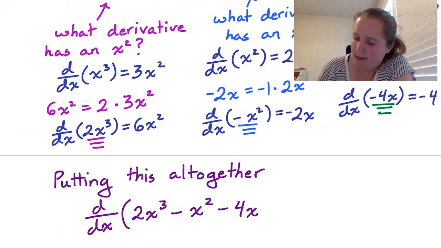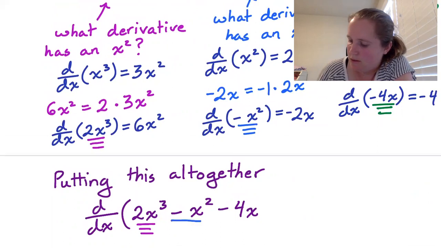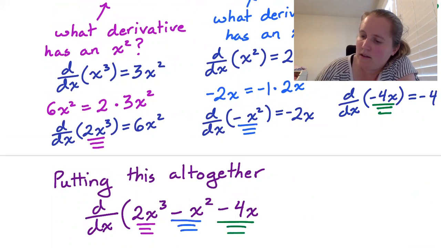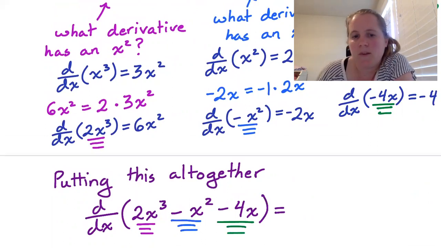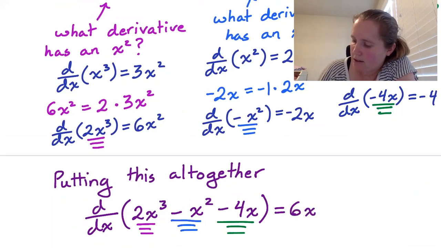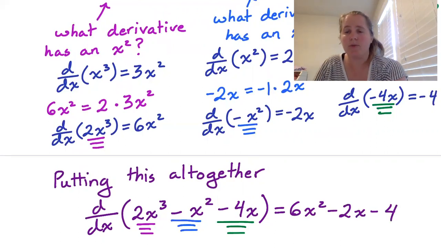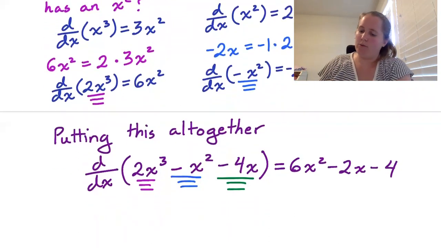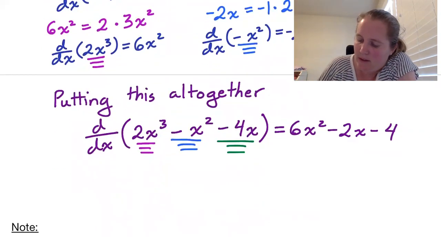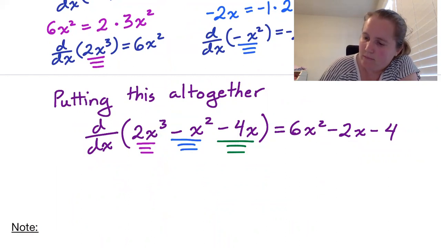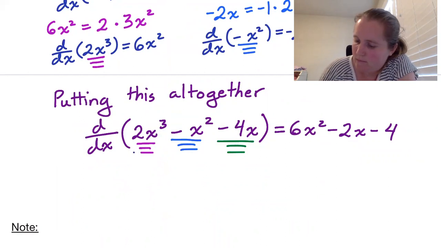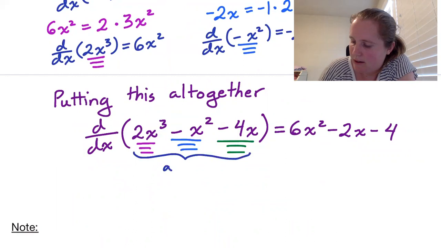So this was our purple component, our blue component, and our green component. If we take the derivative of this function, we wind up getting 6x squared minus 2x minus 4, which was our target, what we were trying to integrate. And so we have that this is a possible antiderivative. So this is an antiderivative.